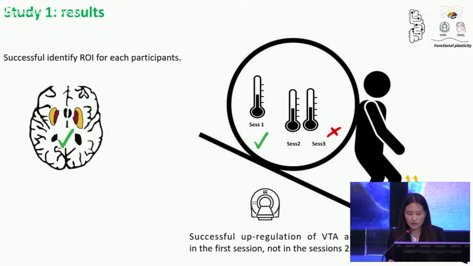The results suggest that even though initial VTA brain activity regulation is achievable, it also highlights the necessity of using the functional localizer task in each session to identify the region of interest for each session.